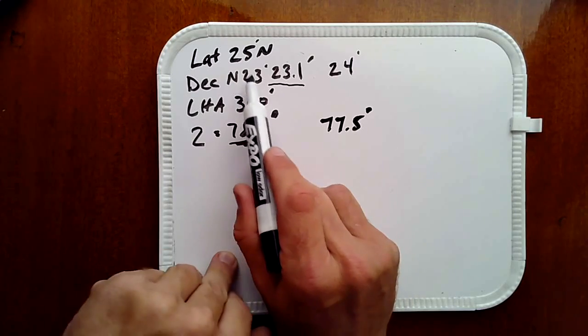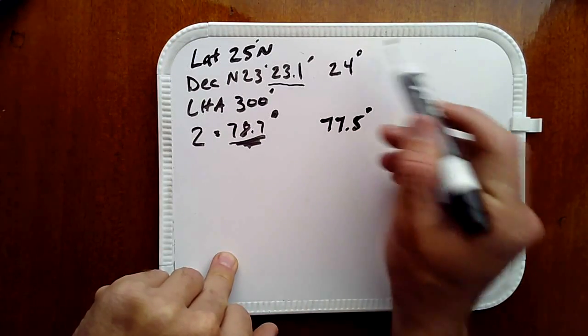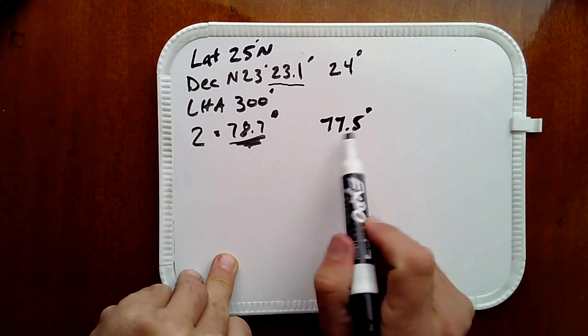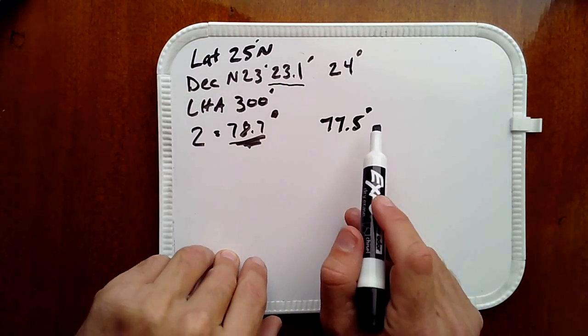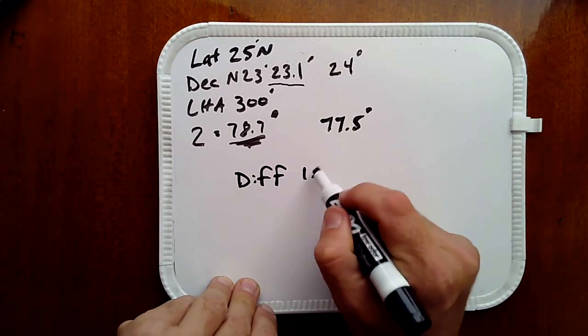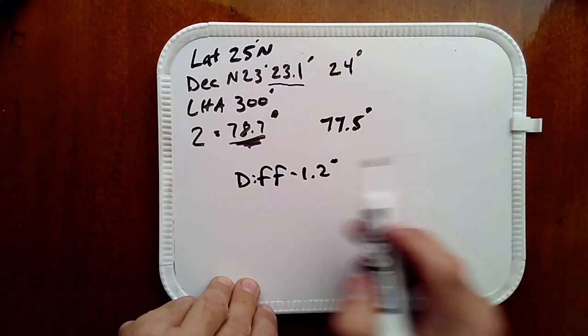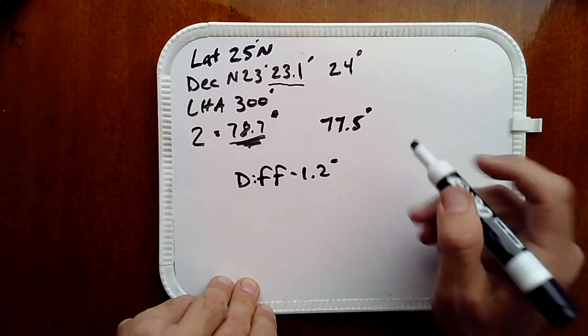So you can see between declination 23 and declination 24 degrees, this Z value changes by not that much. It's about a degree or a little bit more. However, it's enough that it's significant. So what is the difference? The difference is 1.2 degrees, and it's a negative difference because it's getting smaller. The increment here was 23.1.